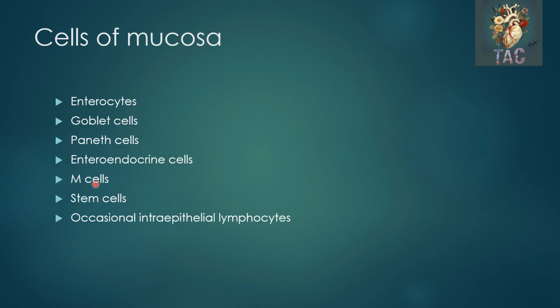The M cells are modified enterocytes present over the surface where the lymphatic nodules are present, and these M cells act as antigen presenting cells. Then the stem cells, which form all these types of cells, and sometimes occasional intraepithelial lymphocytes are present as well.